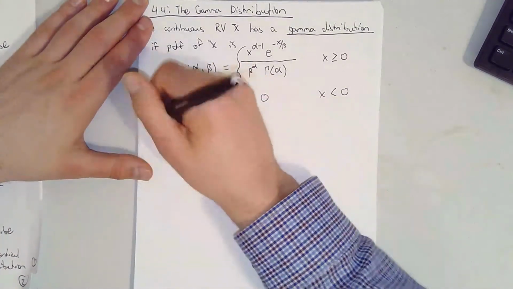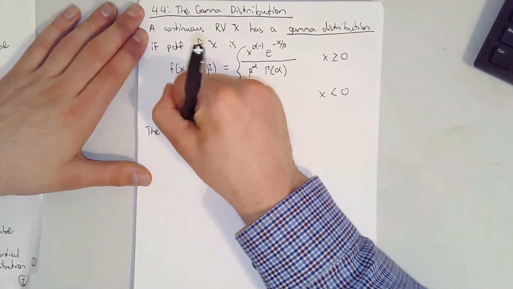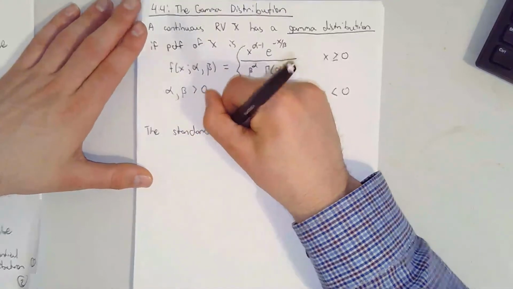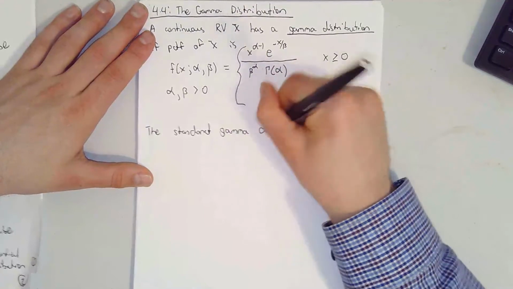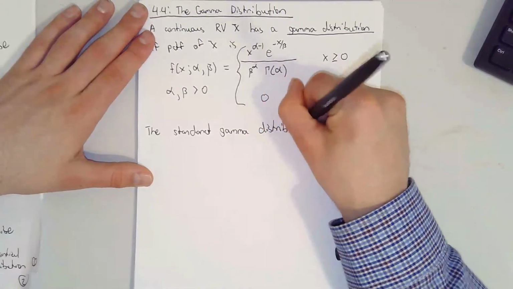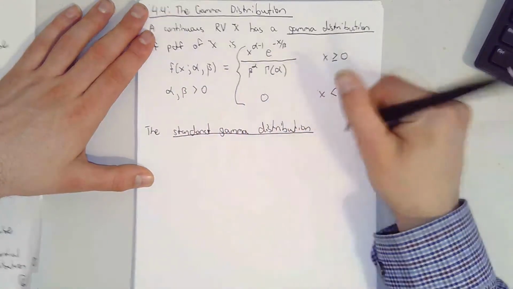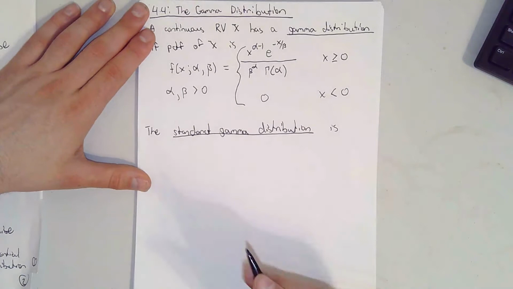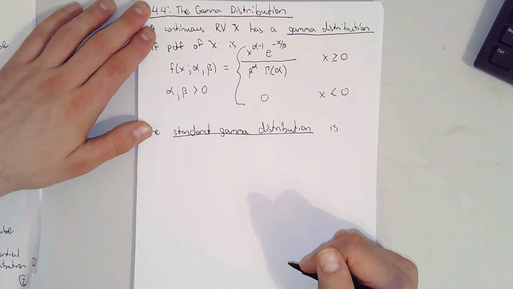Okay, so what will be very helpful for us is the standard gamma distribution. This is analogous to the standard normal distribution.